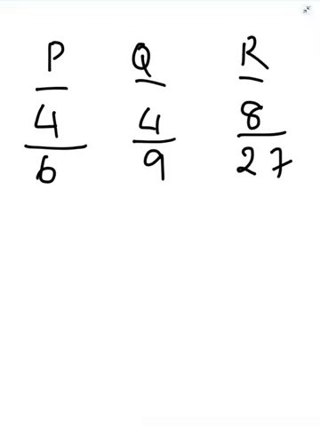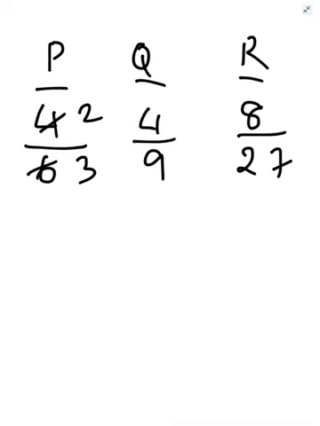So first see, are they in simplest form or can we simplify? Now you can see Q and R are in simplest form, but P we can simplify. The common factor is 2. So I can make it 2 by 3. So now the simplest fractions are 2 by 3, 4 by 9 and 8 by 27.